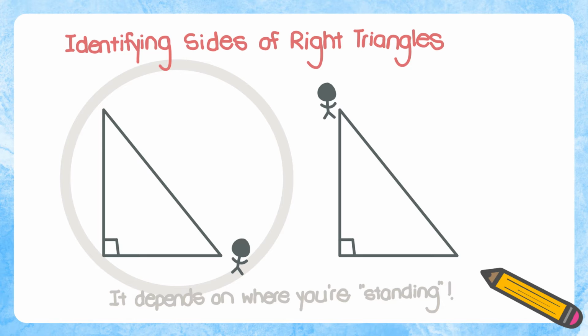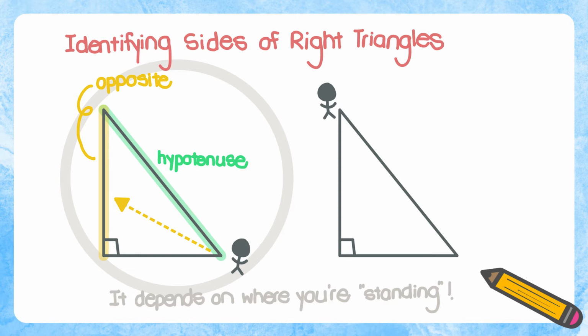Let's look at this triangle first. I'm standing at the bottom right corner. I know that this side is the hypotenuse because it's on the opposite side of the right angle. What would this side be called based on where I'm standing? This would be my opposite side because it's opposite from where I'm standing.